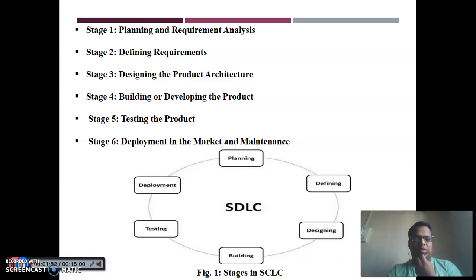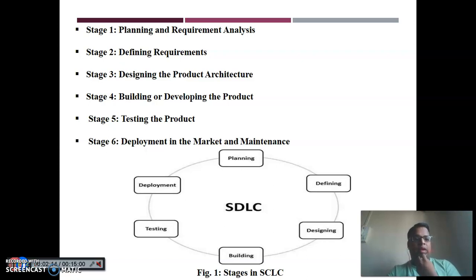There are 6 stages in SDLC. Stage 1 is planning and requirement analysis, where we plan what is to be developed and what the requirements are. Based on this planning, in the second stage we define the requirements that are needed. Based on these requirements, in stage 3 we design product architectures of different types.